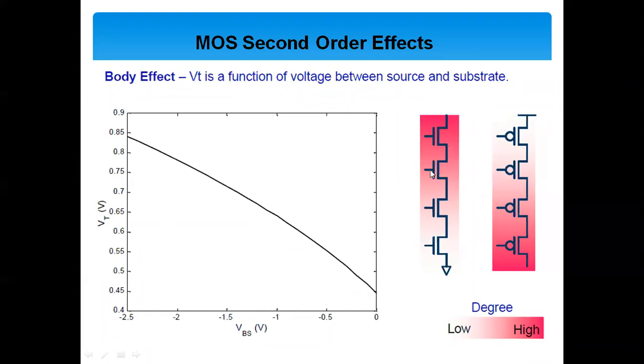The MOSFET which is nearer to the positive supply voltage dissipates the highest amount of heat, and the amount of heat it dissipates keeps reducing as you traverse from the positive towards the ground, right?